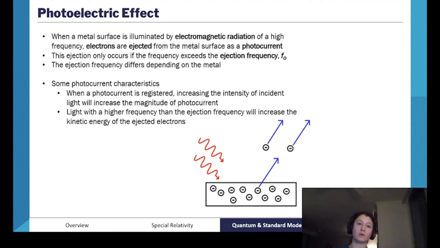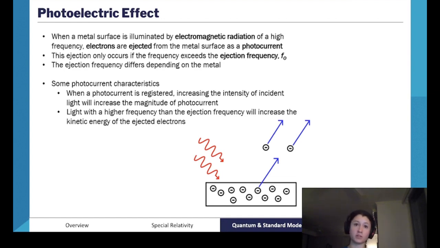When a metal surface is illuminated by electromagnetic radiation, essentially light, remember light is electromagnetic radiation, of a high frequency, electrons are ejected from the metal surface as a photocurrent. This ejection only occurs if the frequency exceeds the ejection frequency f0. The ejection frequency differs depending on the metal.